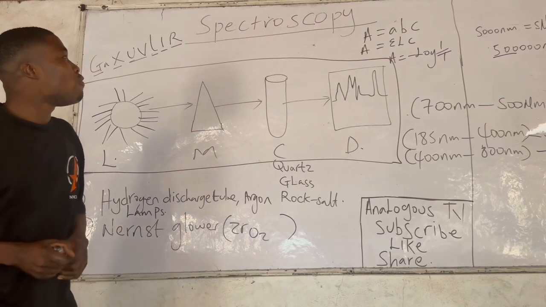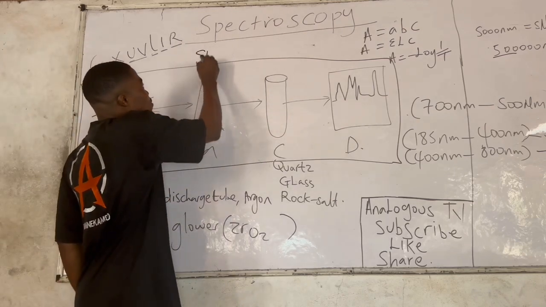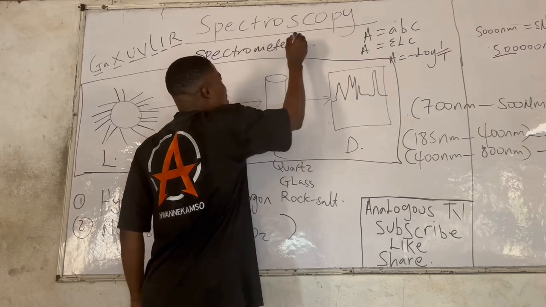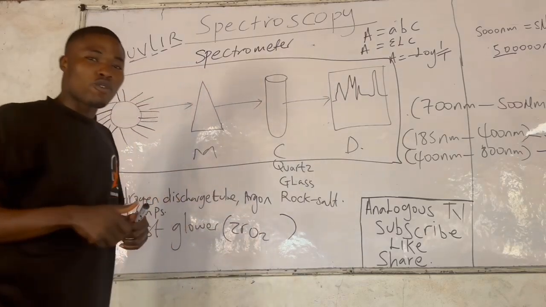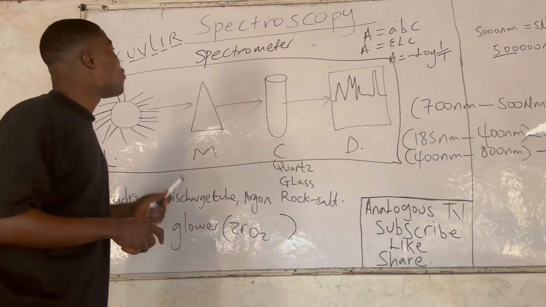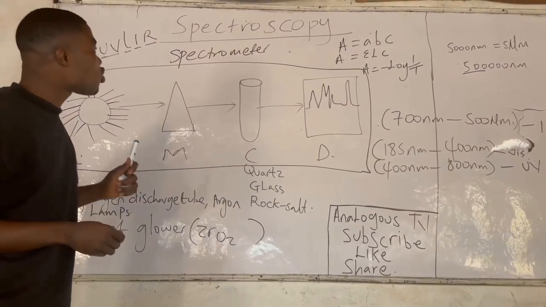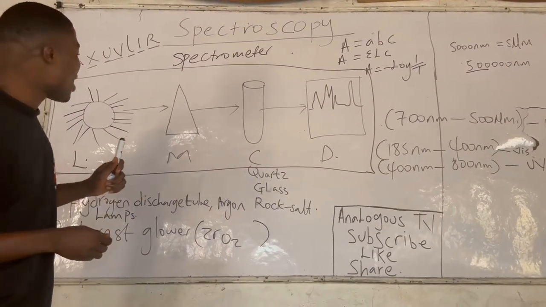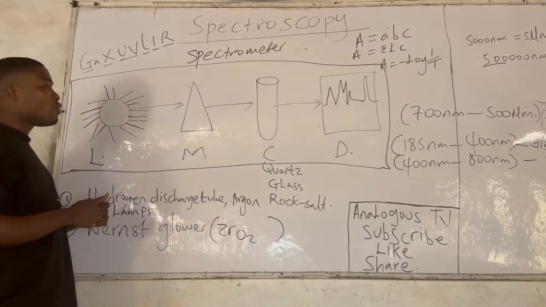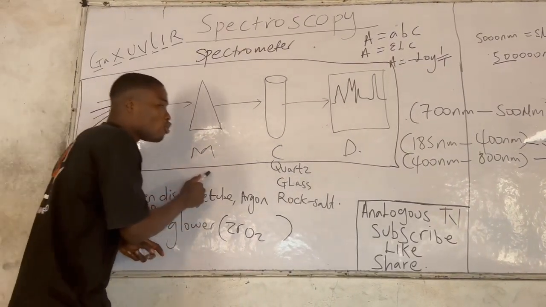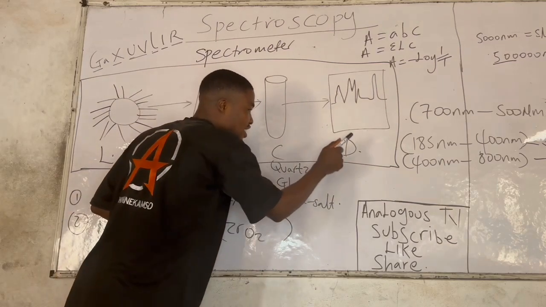Now, spectroscopy makes use of an instrument called a spectrometer. The word spectrometer is different from a spectrophotometer, but we make use of a spectrometer in spectroscopy. In a spectrometer, we have various components: the light source, the monochromator, the cuvette, and the detector.